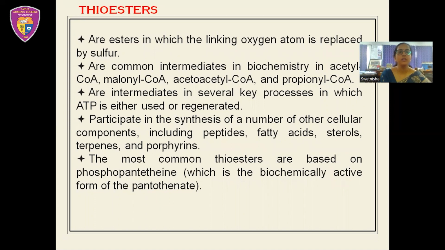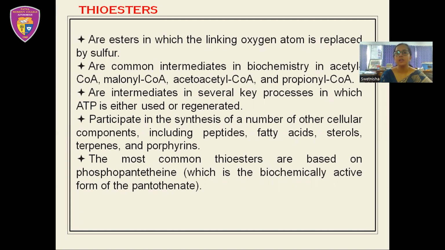Now, the fourth important high energy rich molecule is the thioesters. The name itself suggests that thioesters are the esters of sulfur, in which the linking oxygen atom in the ester is replaced by sulfur, and these thioesters are common intermediates in various biochemical pathways.